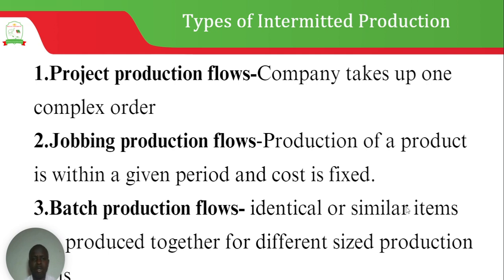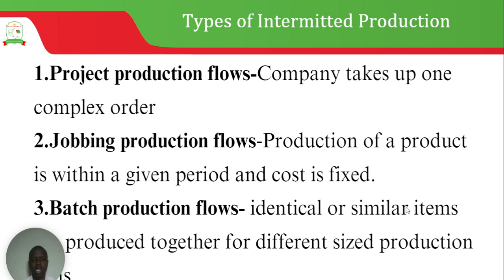We have different types of intermittent production. First, project production flows. Here, a company takes up one complex order and moves with it until completion of that particular order. And we have jobbing production flows.